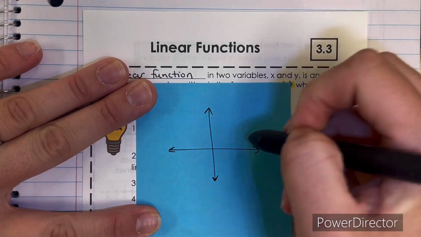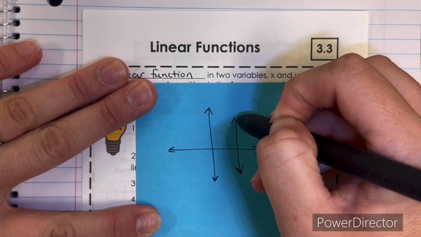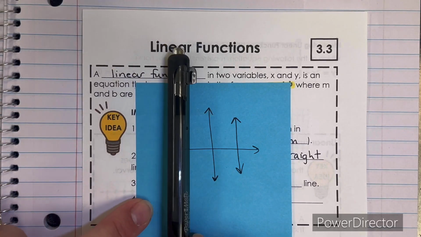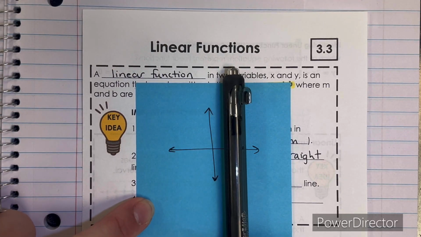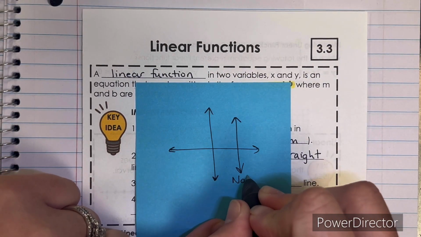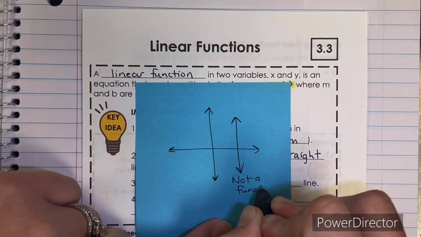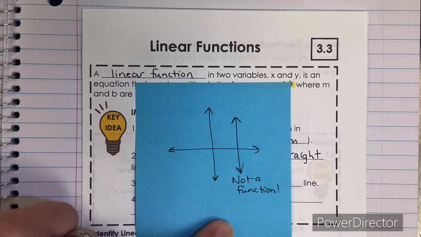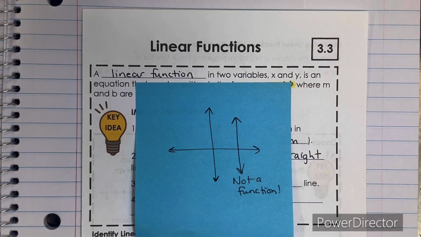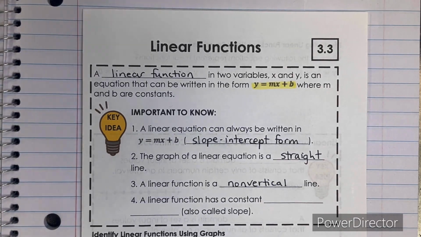If you have a vertical line right here and you do that function test, the vertical line test, it does not pass, which means it is not a function. That's why it cannot be a vertical line. Okay? So it can be literally any other straight line but the straight vertical one, because it doesn't pass that function test.